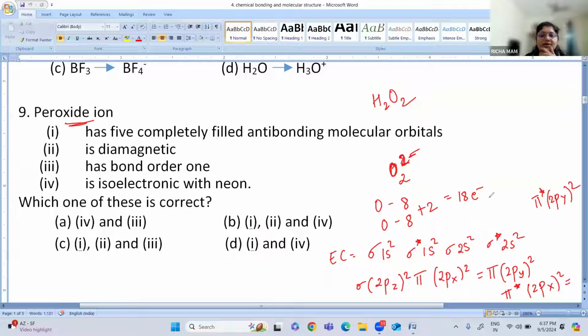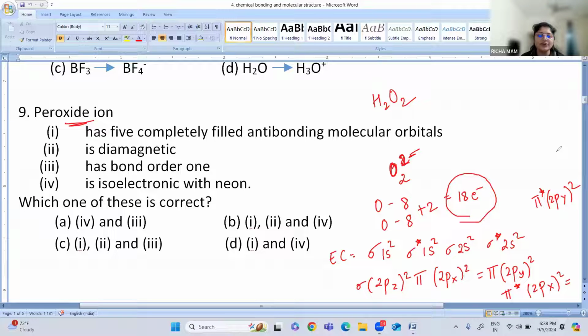So this is the electronic configuration when you are filling up the electrons in molecular orbitals. Each oxygen has 8 electrons, so 2 oxygen, 8 plus 8, 16 plus 2 extra electrons. So 18 electrons. We have to fill up the 18 electrons.